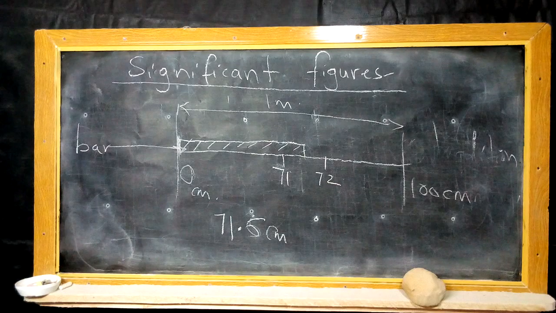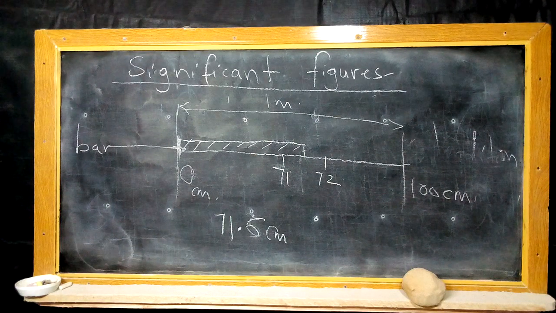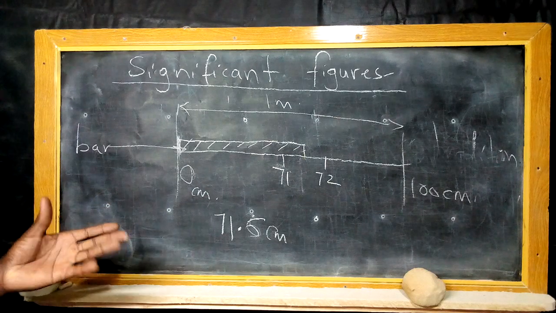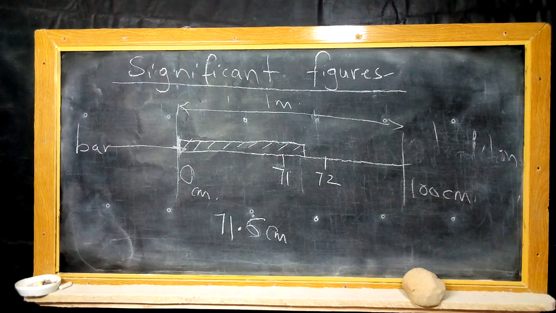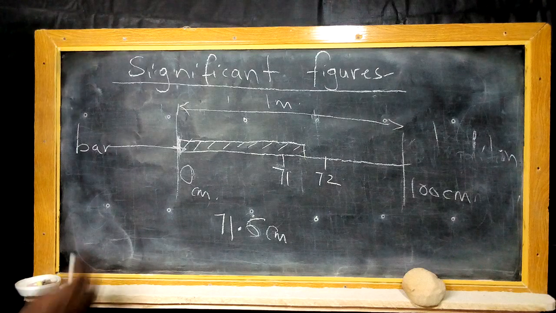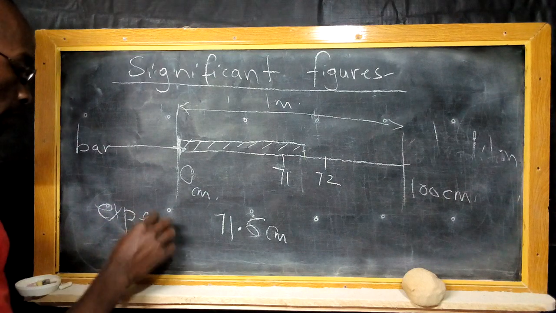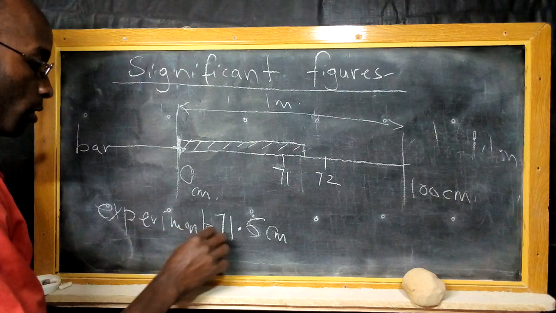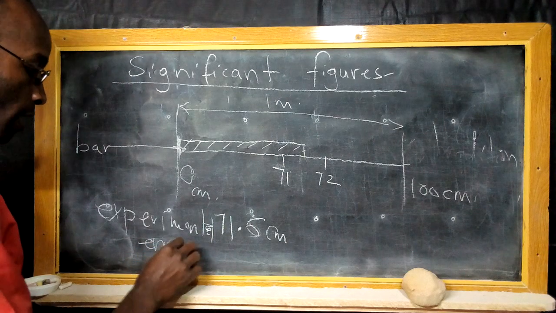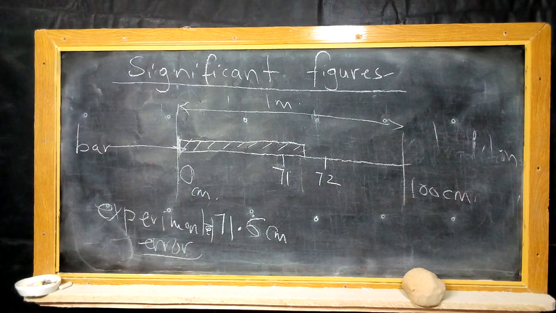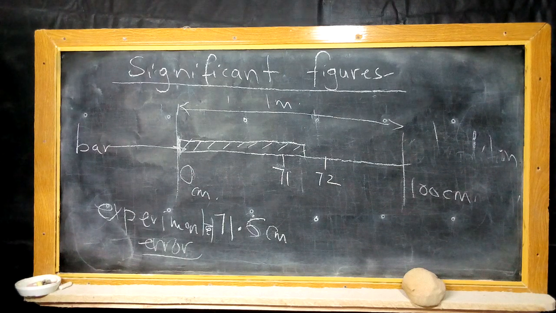But since I do not have the exact figure or accuracy for that, there will always be some inherent uncertainties, which we are going to call experimental errors. For us to ensure that this measurement is near accuracy, we are required to include those experimental errors in this measurement.